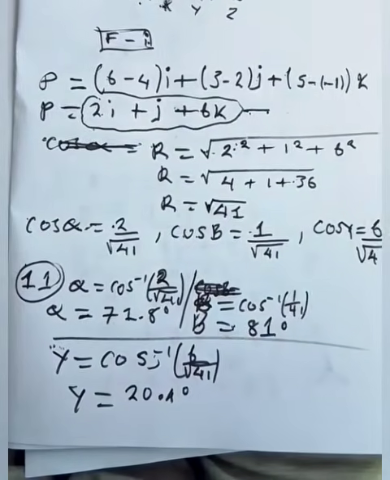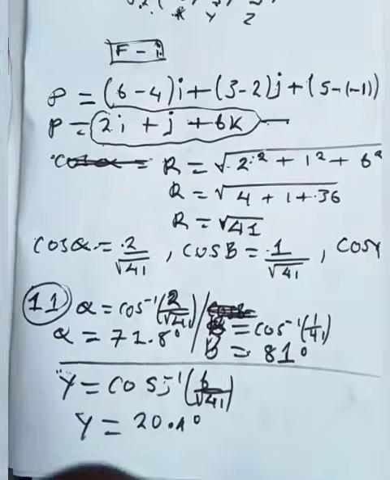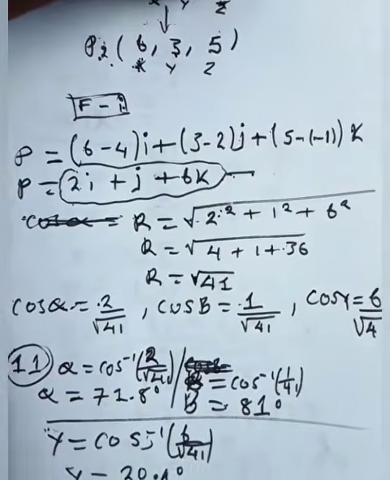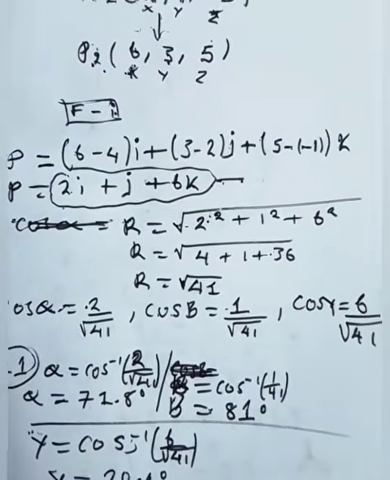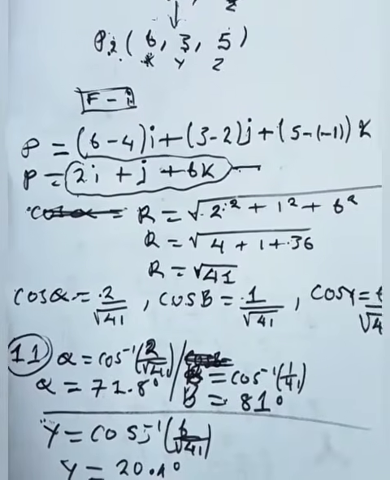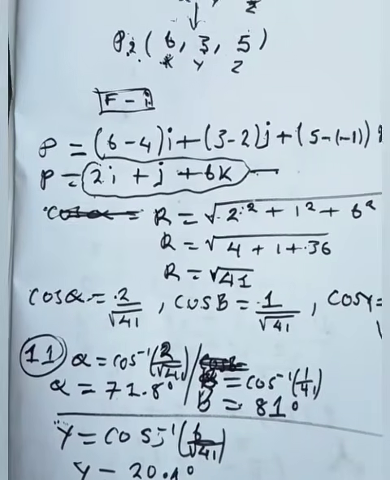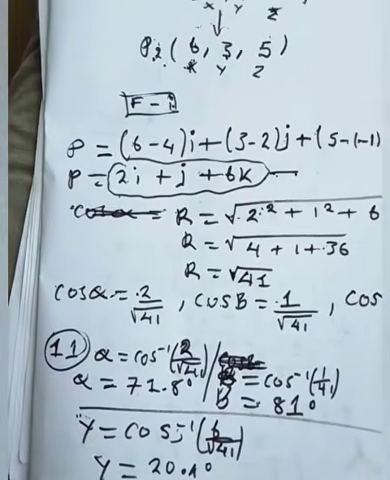So this is how you simplify the angles. Okay, so now let's go to question 12, which the majority of you are struggling with. But if you've understood what I've just done for questions 9, 10, and 11, probably question 12 won't be a challenge.